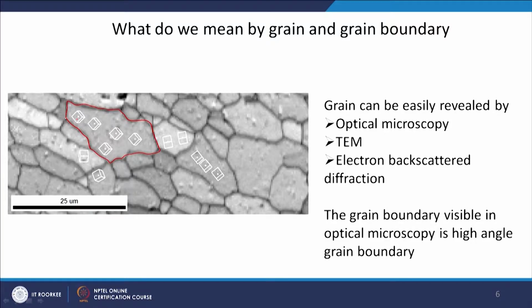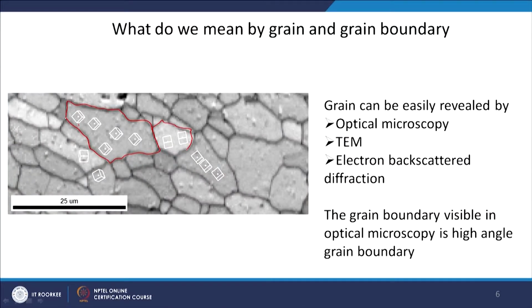The identity of a grain is that if you check the unit cell at different locations in this particular grain, you can see that the unit cell is oriented in the same way. As soon as I cross the grain boundary, you can see that now the unit cell is in a different orientation. But within that particular grain, again this is a grain with high angle grain boundary, the unit cell orientation is the same.